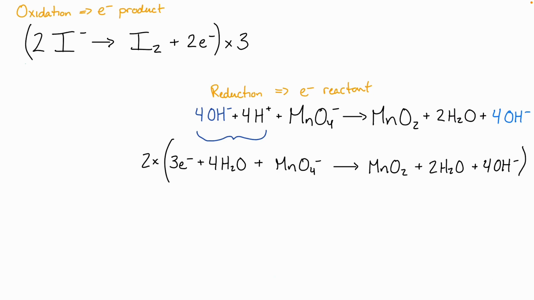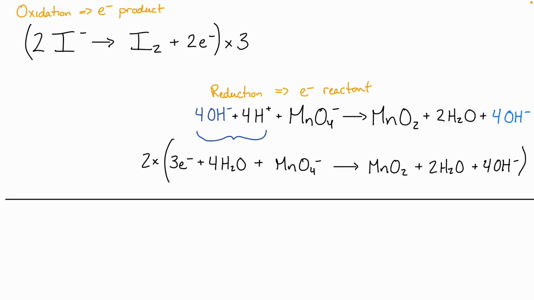All right, and remember, that means that you multiply everything in there by that 3, for example, for our oxidation half reaction. So that means I have 6 iodide. When I go to sum this up, I have 6 iodide ions plus 6 electrons, 8 waters, and 2 permanganates.